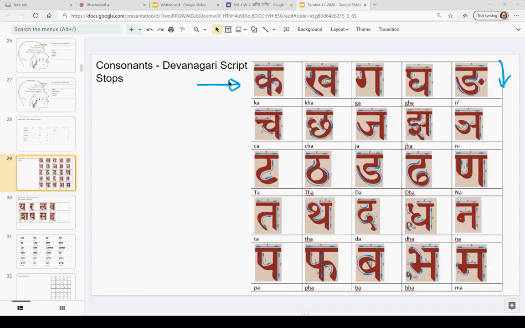Anunāsika means they have airflow through the nasal passage also, not only the mouth. In addition to the air passing through the nose, each line has its own position that we just saw. So keeping that in mind, what are the examples here?